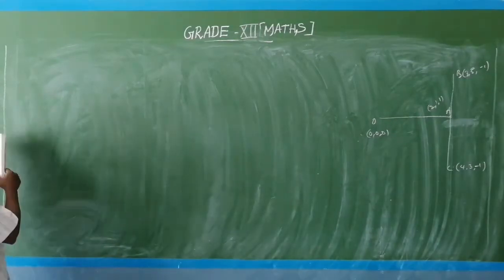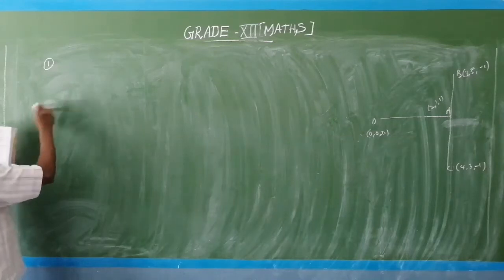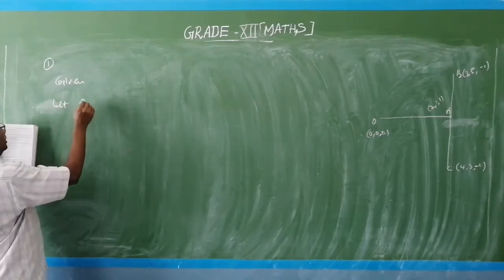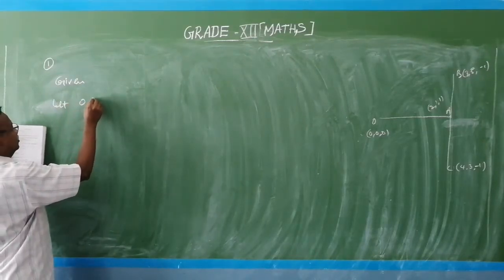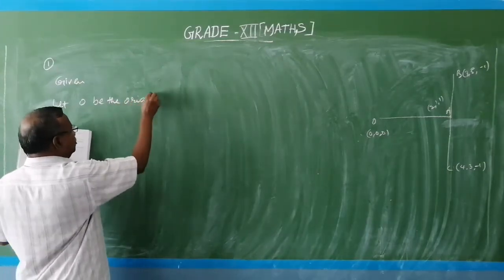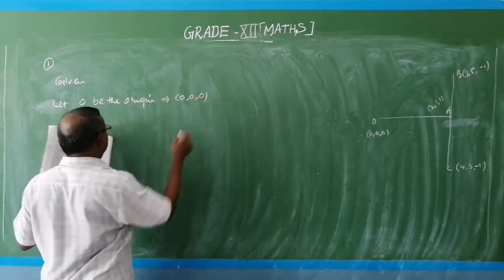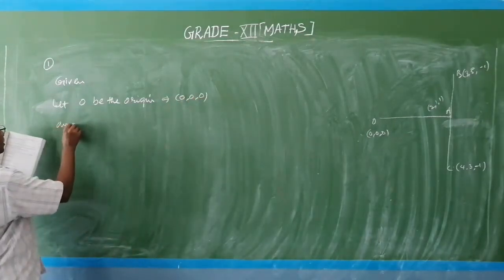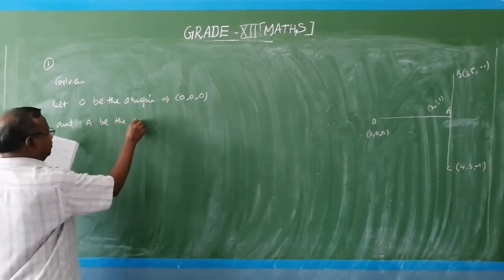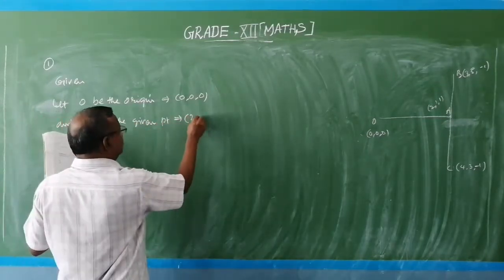Now, for question number 1, let O be the origin whose coordinates are (0, 0, 0) and A be the given point whose coordinates are (2, 1, 1).